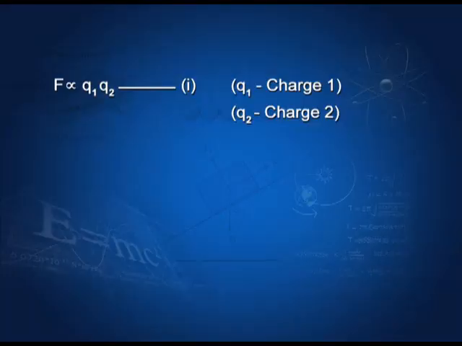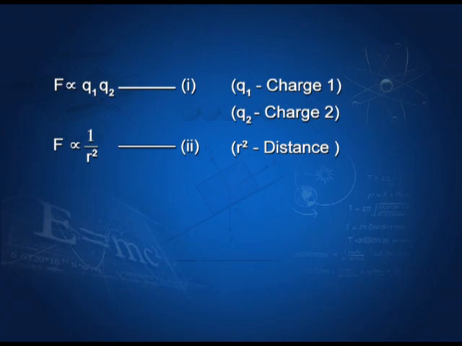Also, the force F is inversely proportional to the square of the distance between the two charges. Here I have considered r square as the square of the distance between the two charges. Now with the help of equation 1 and equation 2, I get that F is proportional to q1 q2 by r square.